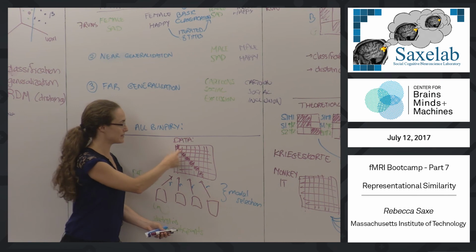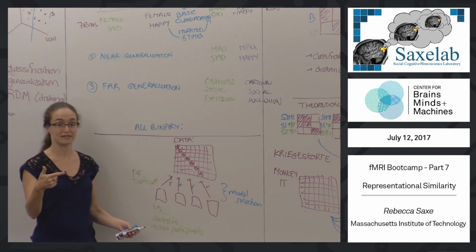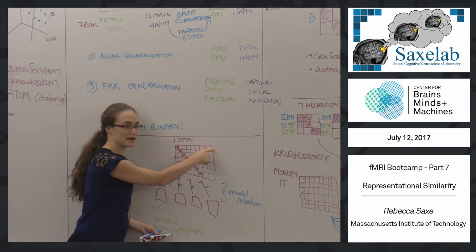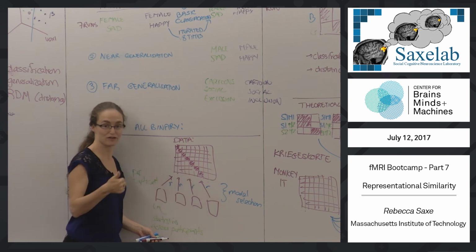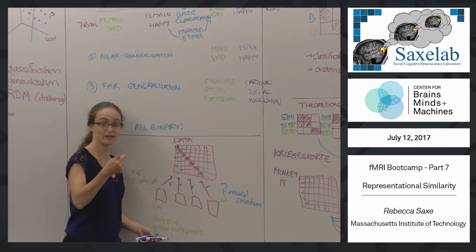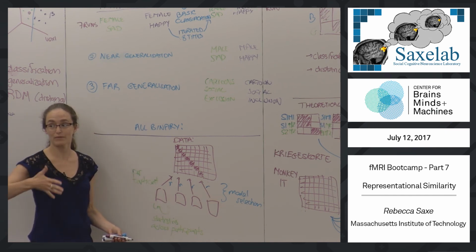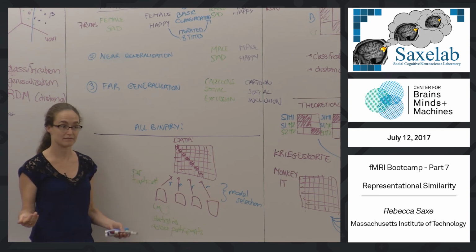So the diagonal is a measure of how replicable the pattern is. If I do an experiment and then do it again, the diagonal is an estimate of the distance between the first version of the experiment and the replication. You can think of that as a measure of data quality. It's a measure of how replicable the pattern is if you do exactly the same thing again. Is that clear to people?